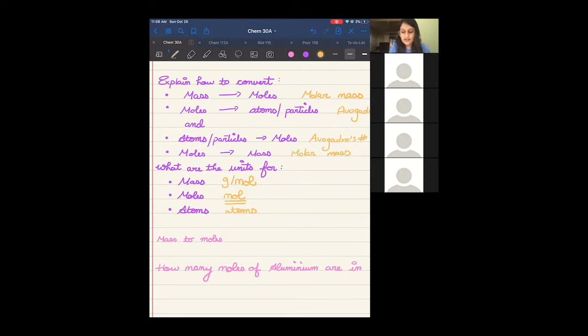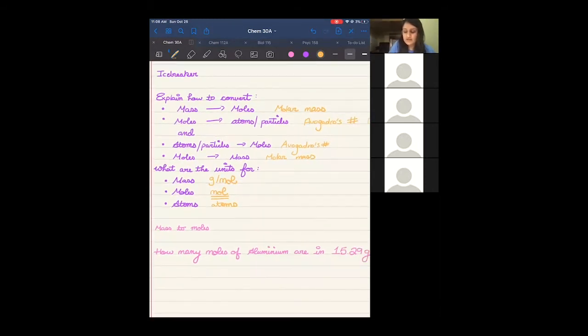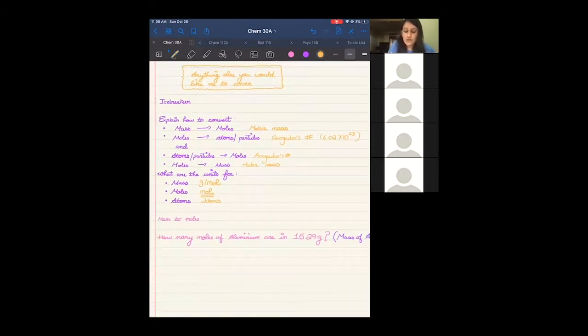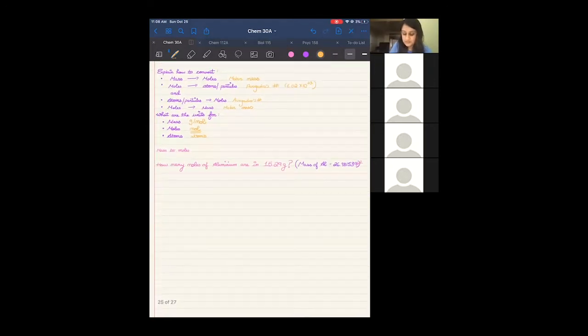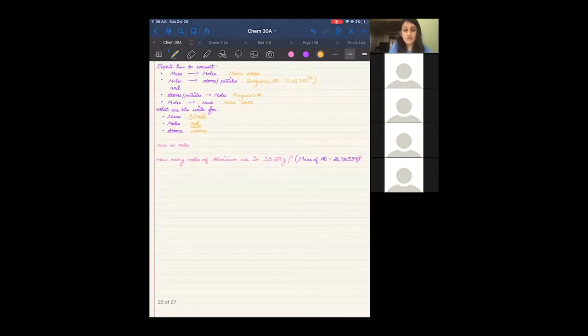Okay, sounds good. So this is the main thing you need to know for this session. If you understand this concept, all of the problems in the icebreaker should be reasonable. The first problem is converting from mass to moles. The question asks how many moles of aluminum are in 15.29 grams.